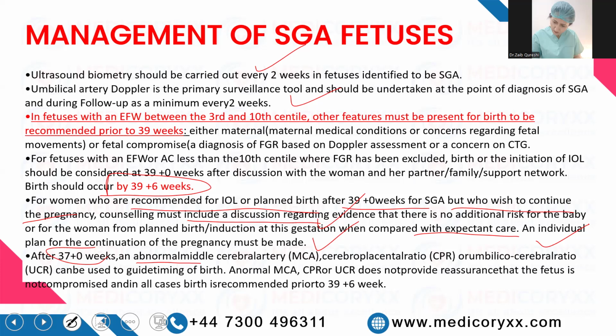After 37 weeks, now they are saying that we are going to be using the middle cerebral artery Doppler, cerebroplacental ratio, or umbilicocerebral ratio. New thing, isn't it? So please keep this in your mind as well. Abnormal MCA, CPR, or UCR does not provide reassurance that the fetus is not compromised, and in all cases, birth is recommended by 39 plus 6 weeks, not beyond that.